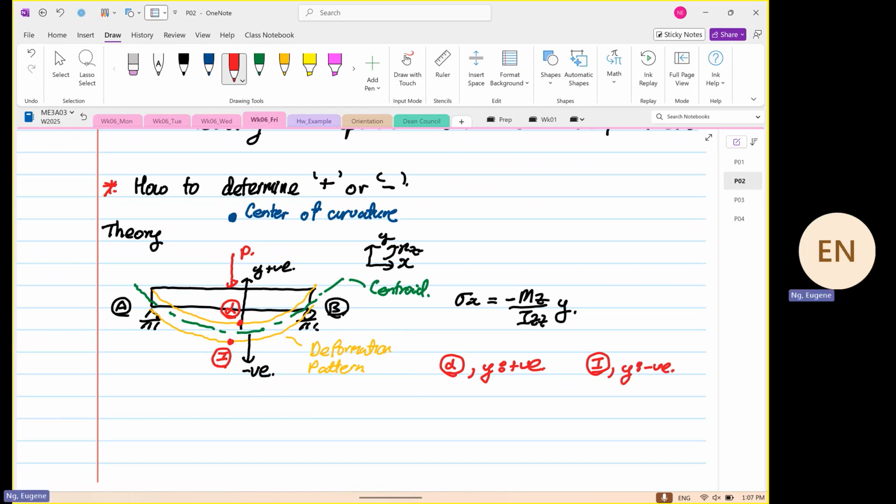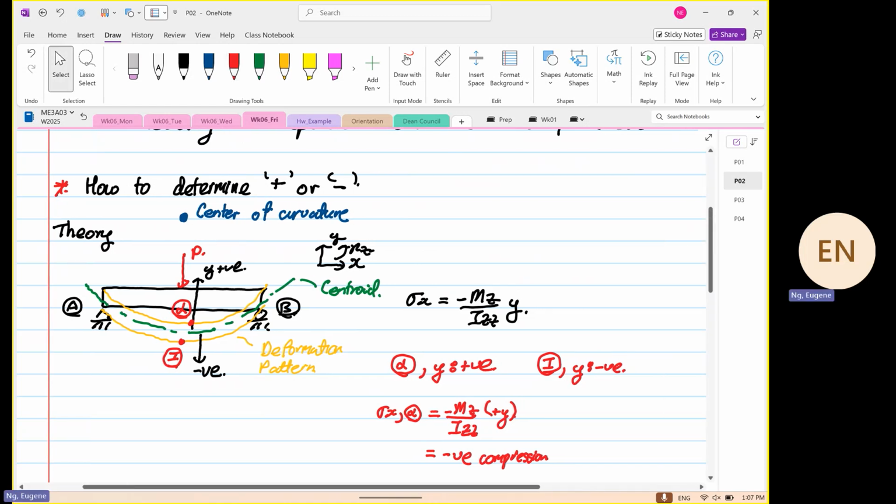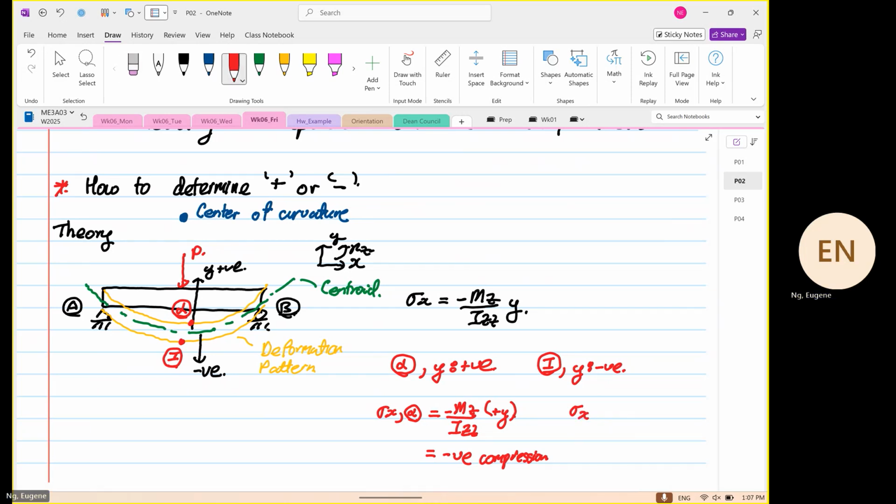Negative. So from here, when we apply stress, stress x at alpha is equal to minus Mz over Izz multiplied by positive y. Okay, so this we know will be negative. It means it's under what? Compression. On the other point, this is stress x at point I. So this is minus Mz over Izz.